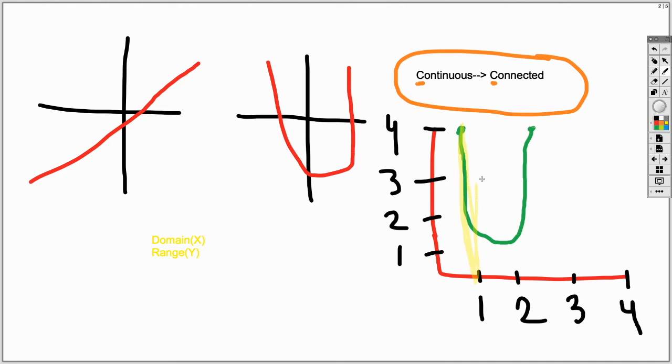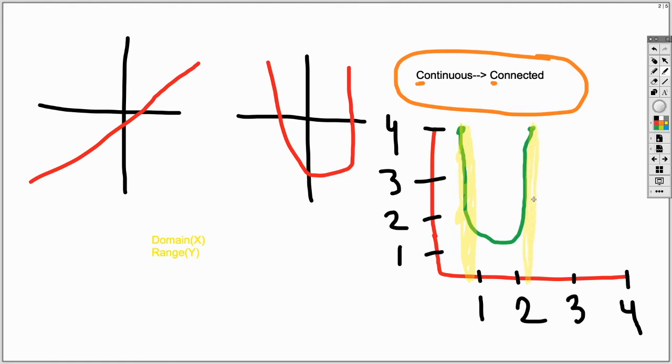So that's domain right here. Then here, the ending point where it ends, that's around 2.5.